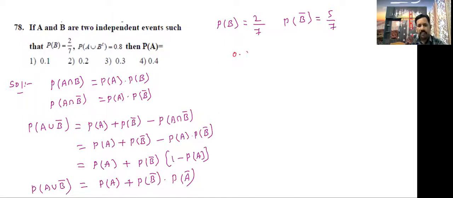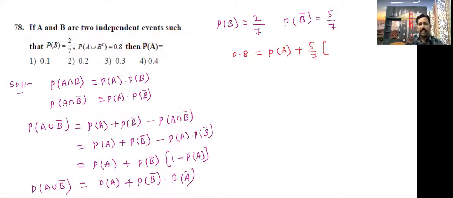Left hand side is 0.8, that is equal to P of A, we don't know, we have to find, plus P of B complement 5 by 7 into P of A complement, we don't know. Then how to do that?